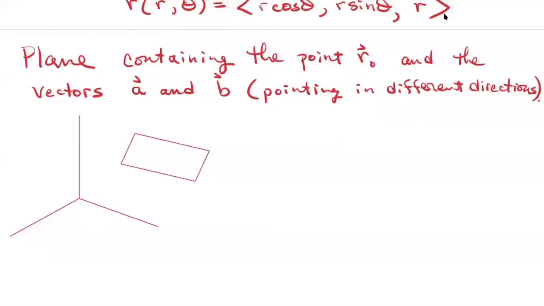Now, this R0 vector is a point in the plane, so this would be our R0 position. And then the plane has to contain these two vectors A and B, so I'm going to draw an A coming out from that point, and then a B in some other direction, like that.